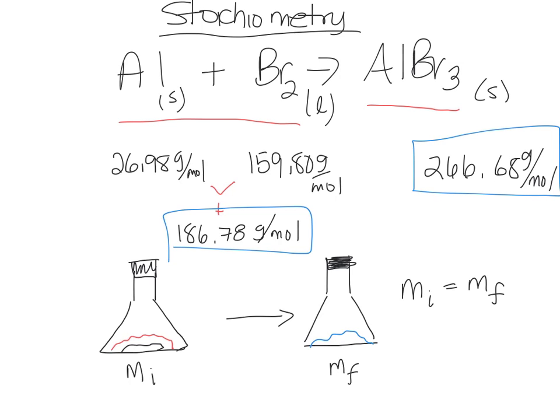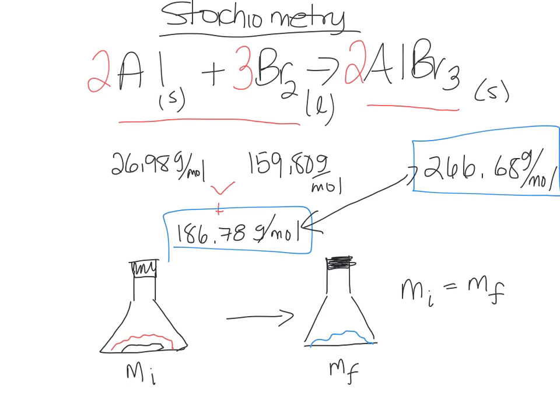Did that happen in our calculation up at the top? Are these two numbers equal? No. Now, balance that chemical equation. Balance that equation at the top. Aluminum plus bromine makes aluminum bromide. What are the coefficients? 2, 3, and 2.